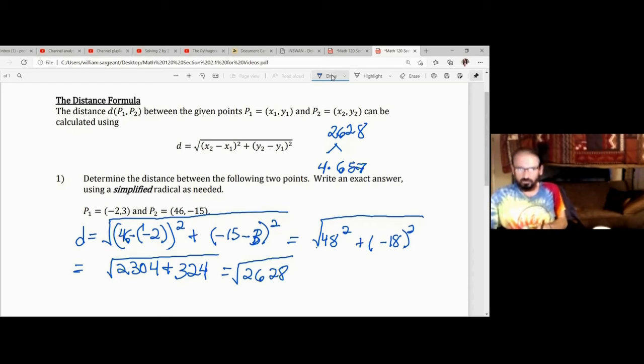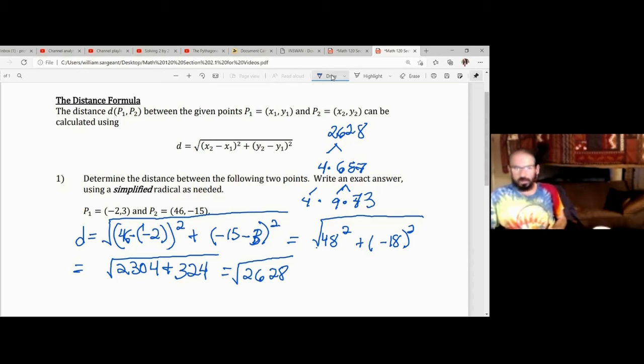But 657 is divisible by 3. In fact, it is divisible by 9. So we would have, besides the 4 times that, split up the 657 into 9 times 73.